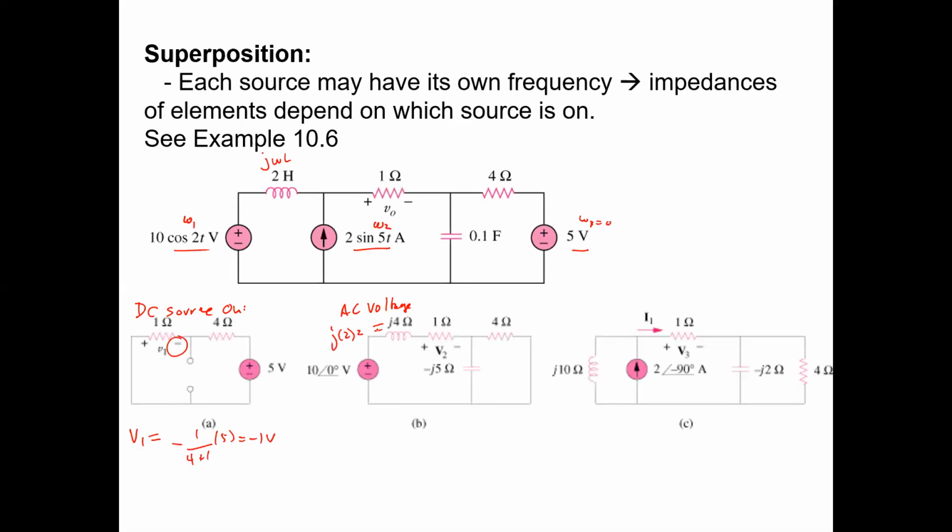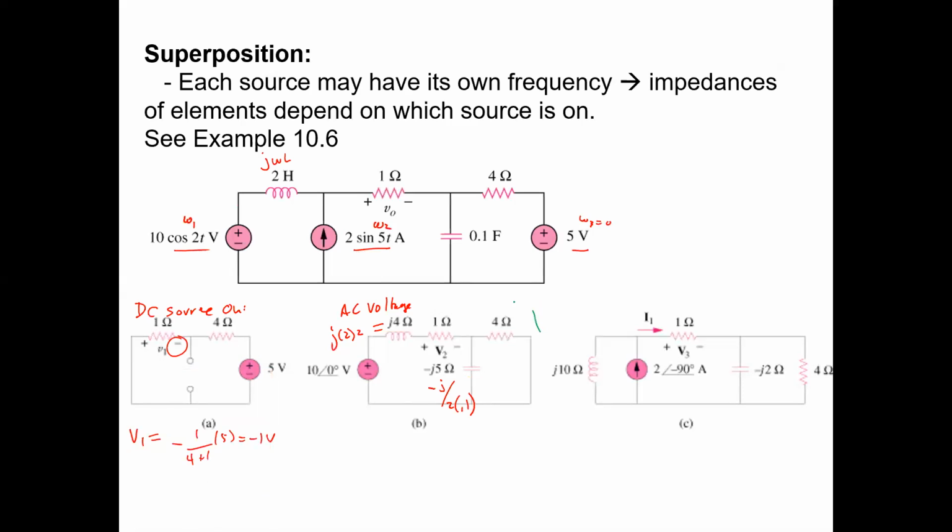And we have this minus J5, which is going to be minus J over 2 times 0.1, so that's going to be minus 5J. And we've got a 4 ohm resistor there, and we're asked to find V2.